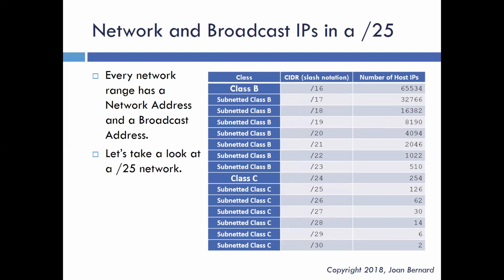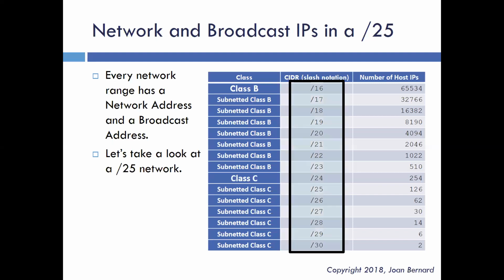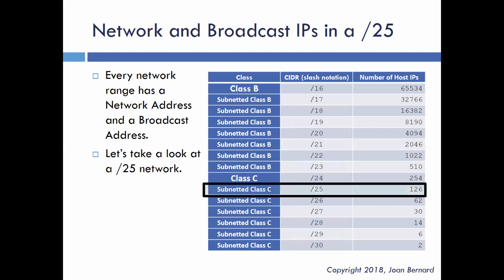The ending point, or the last IP in the range, is the broadcast address. All IP addresses between the network and the broadcast IPs are valid, usable host IPs. Let's start by defining just the /25 IP address range.